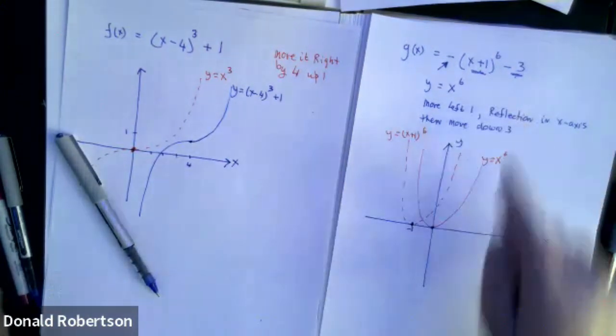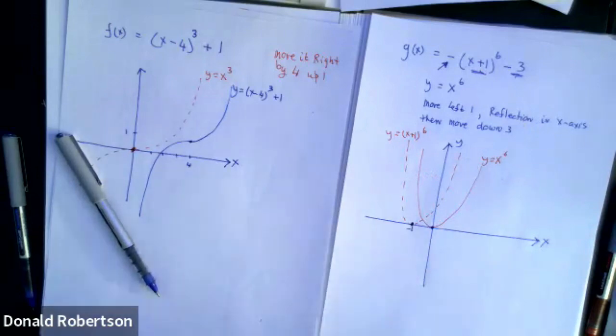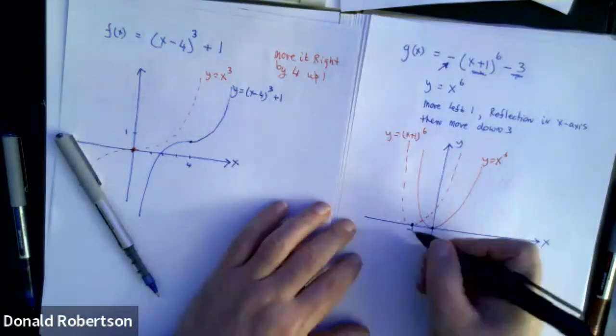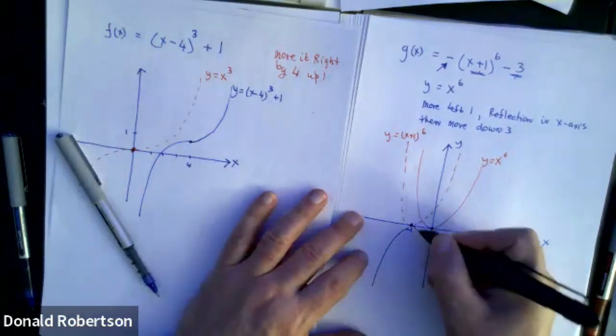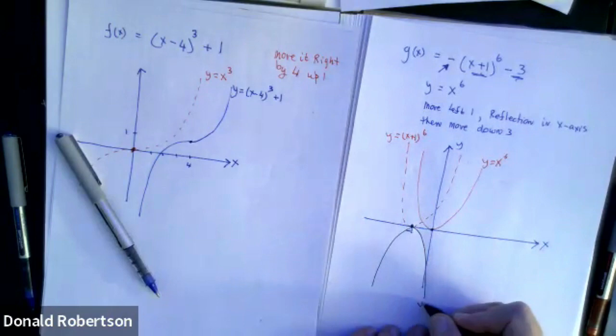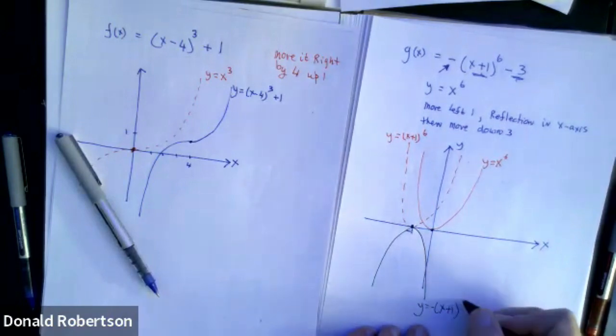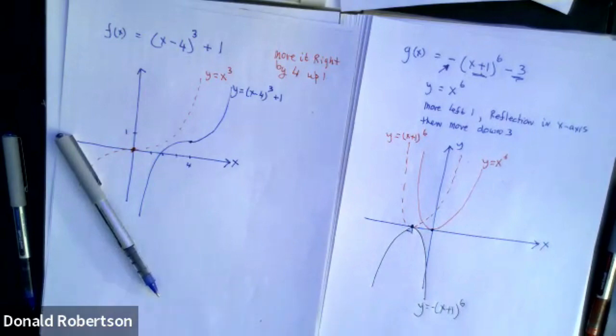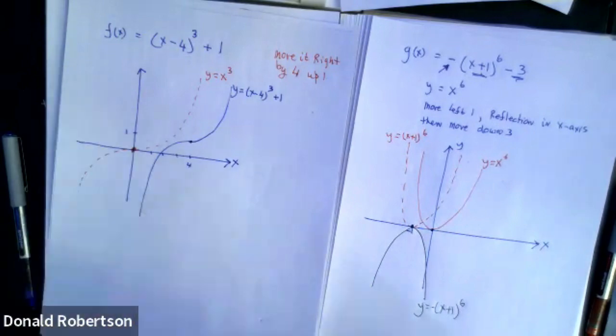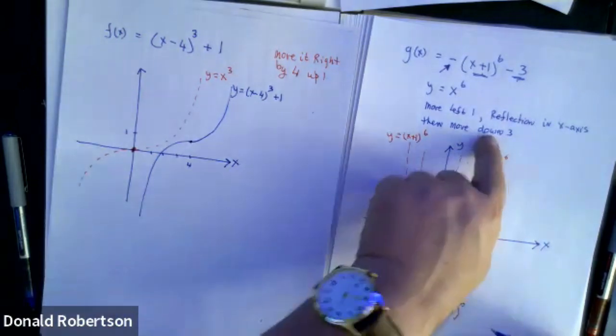Then reflect it in the x-axis. If you take this shape and you reflect it in the x-axis, you end up with this guy. And then this guy, you move it down 3.